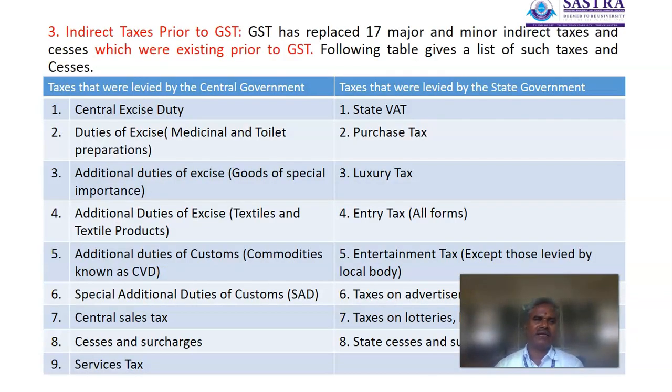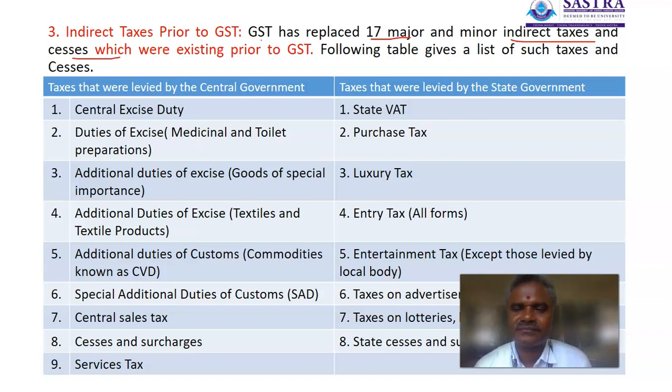Okay. Then, what are the subsumed taxes, or what are the taxes we paid before introducing GST? That is very important. They are called subsumed taxes. Before the GST regime, we paid 17 major and minor indirect taxes and cesses.